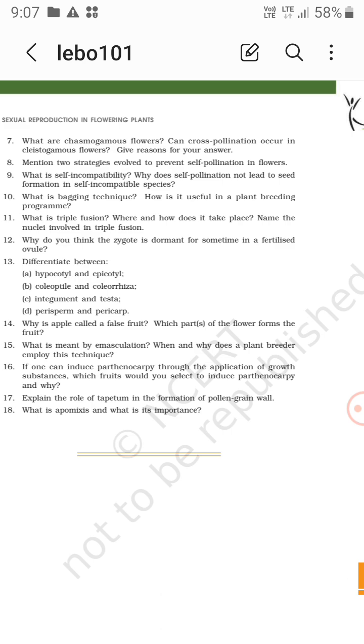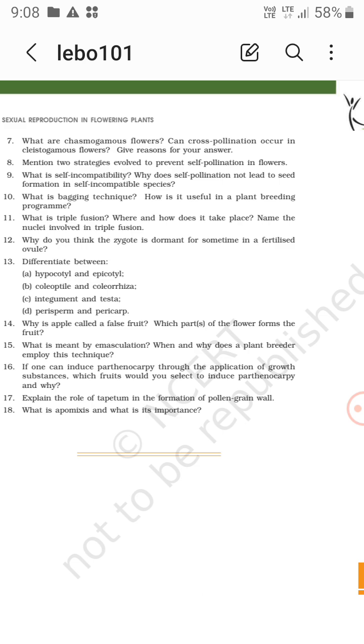So it is like pollen incompatibility, right? And then if they have different synchrony between the development of the pollen grain and the receptive stigma, that is also a strategy. Why does self pollination not lead to seed formation in self-incompatible species?